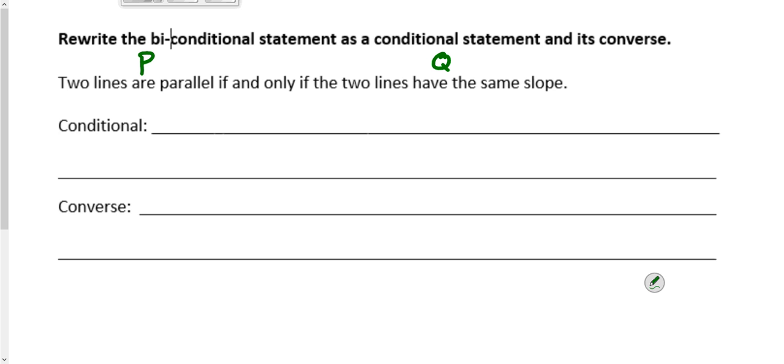So we would say, if two lines are parallel, then the two lines have the same slope.